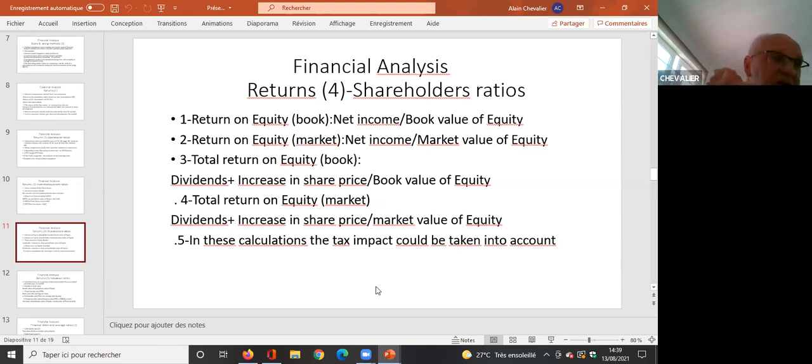For firms listed on the market, generally we move to net income or net earnings divided by market value of equity, which is more true and can give you better data at the end of the calculation.